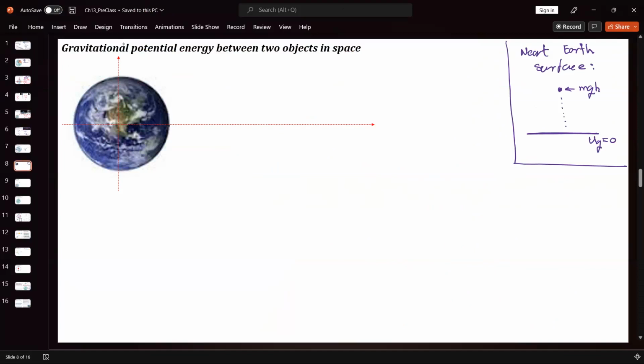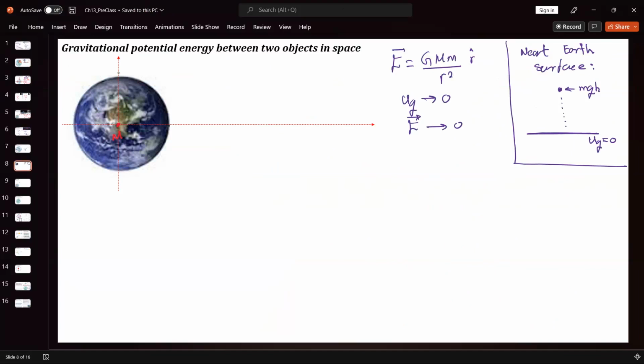Now, the gravitational potential energy zero point is based on the gravitational force itself. If you look at the gravitational force, GMm over r squared, to have the gravitational potential energy zero point, obviously the gravitational force has to go to zero, then only the work done due to that force can be zero, which means, relative to the Earth center, let's assume the Earth center is right here.